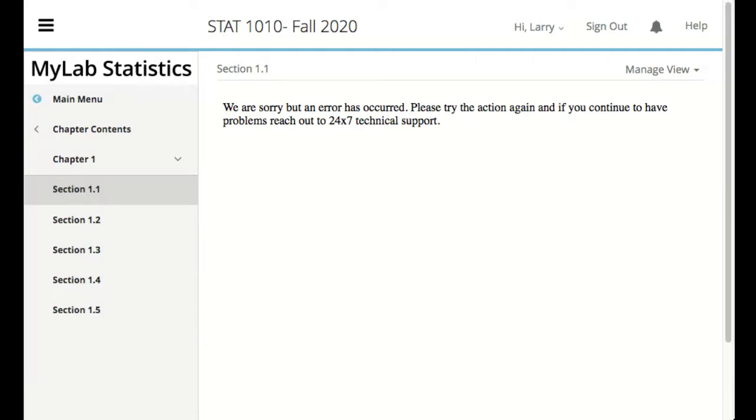Since nobody has said they don't have access, I recommend that you go through this in MyLab Statistics and test yourself. So are there any questions about anything from chapter 1?